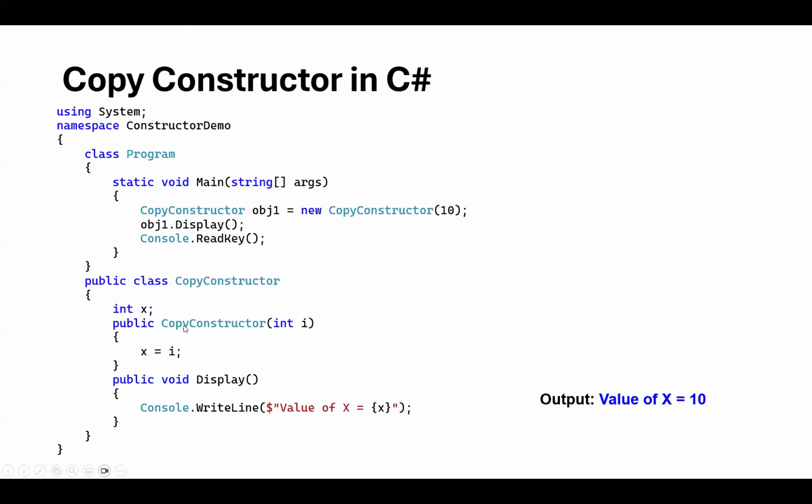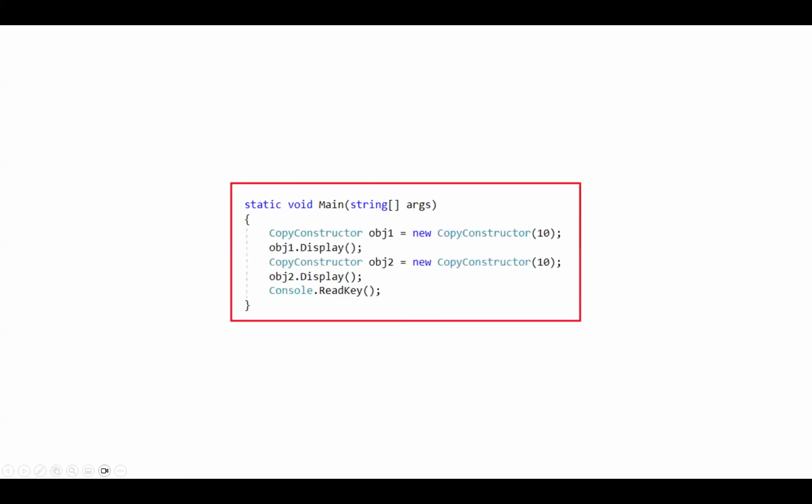So we create a copy constructor, and it should work like this. Okay, create another instance with the same value. So we provide the same value as a parameter.